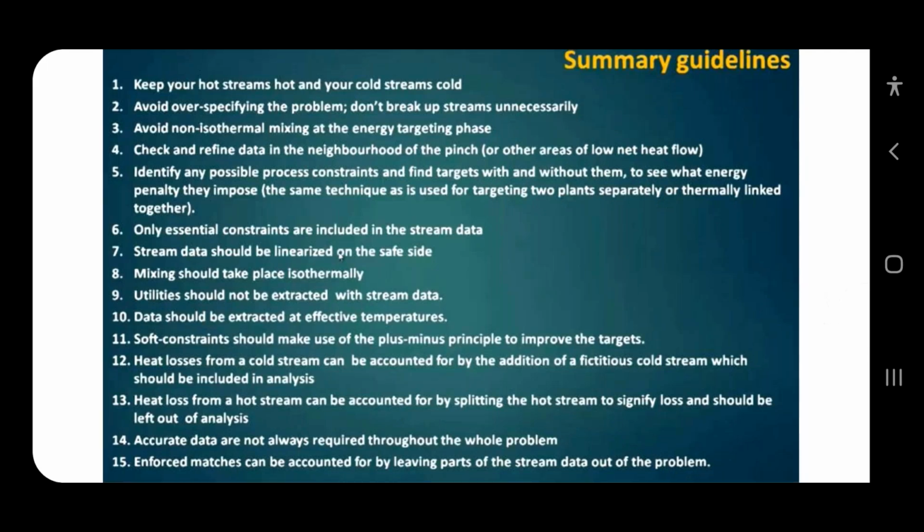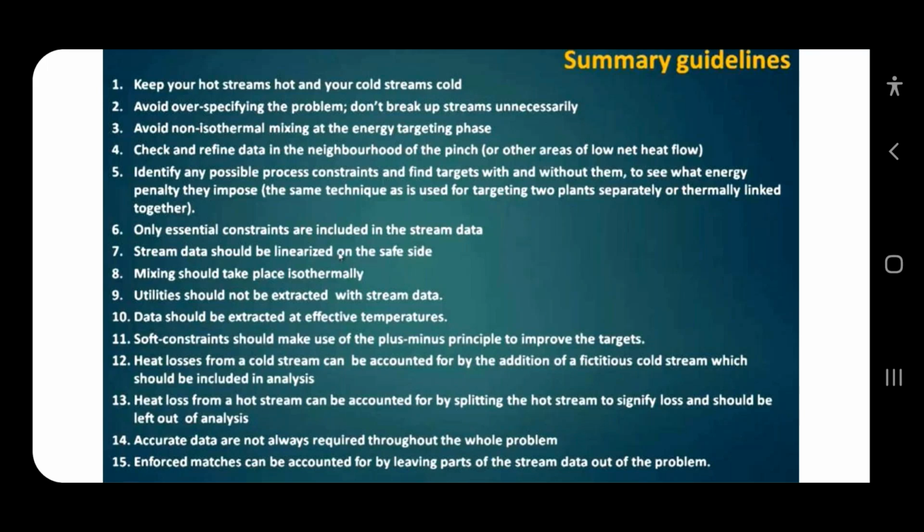So keep your hot stream hot and your cold stream cold. These are few guidelines. Once you solve the problem of pinch analysis, you must keep these guidelines with you. Avoid over specifying the problem. Don't break up streams unnecessarily. Avoid non-isothermal mixing at the energy targeting phase.